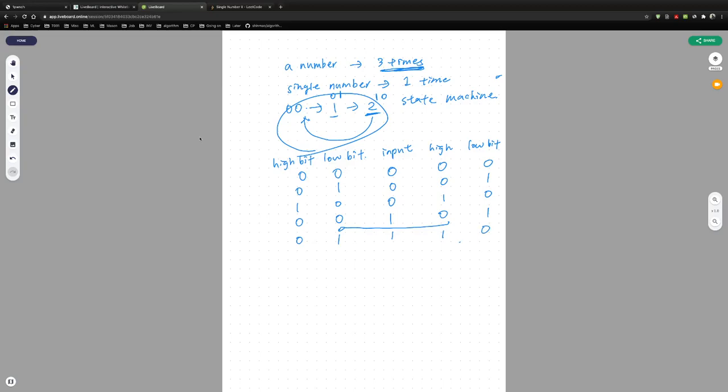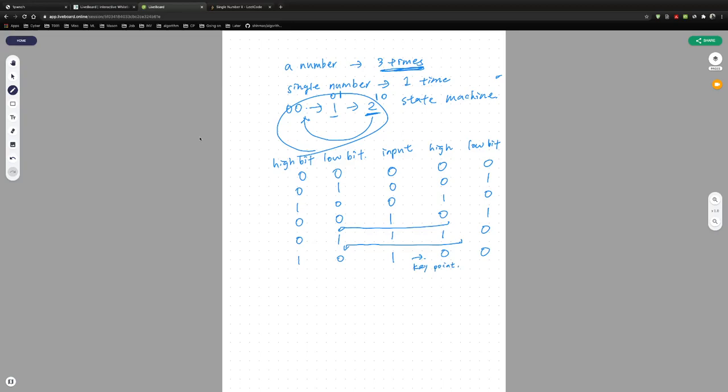And if 1 0 faces an input of 1 again, it will become 0 0, because if it appears 3 times, we want it to reset, right? So it goes back to 0 0. This is the key point.